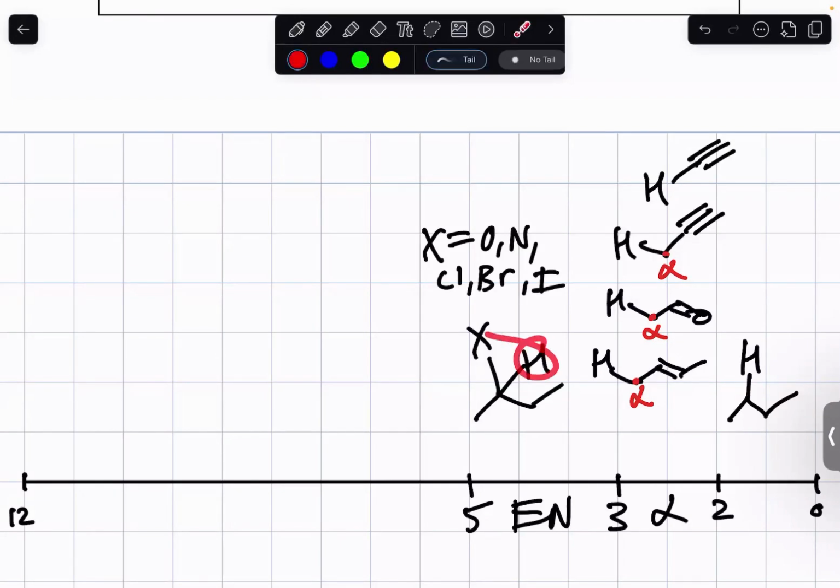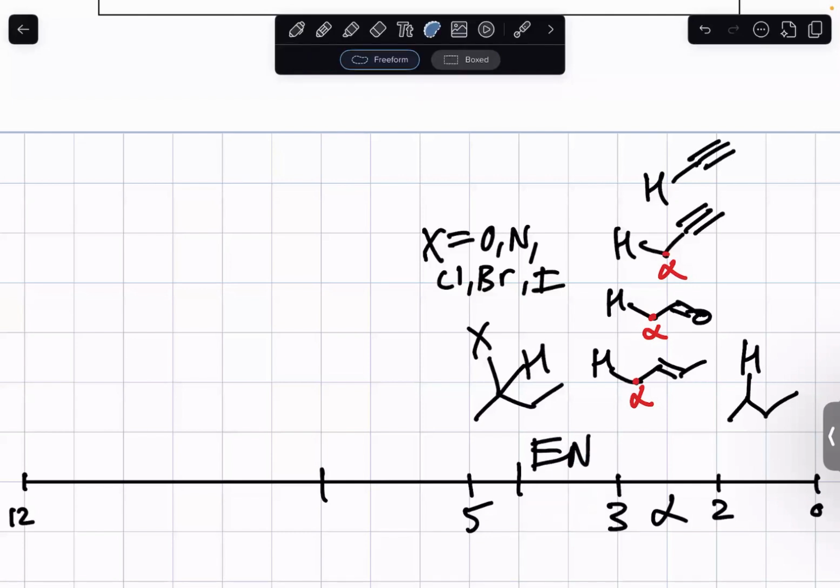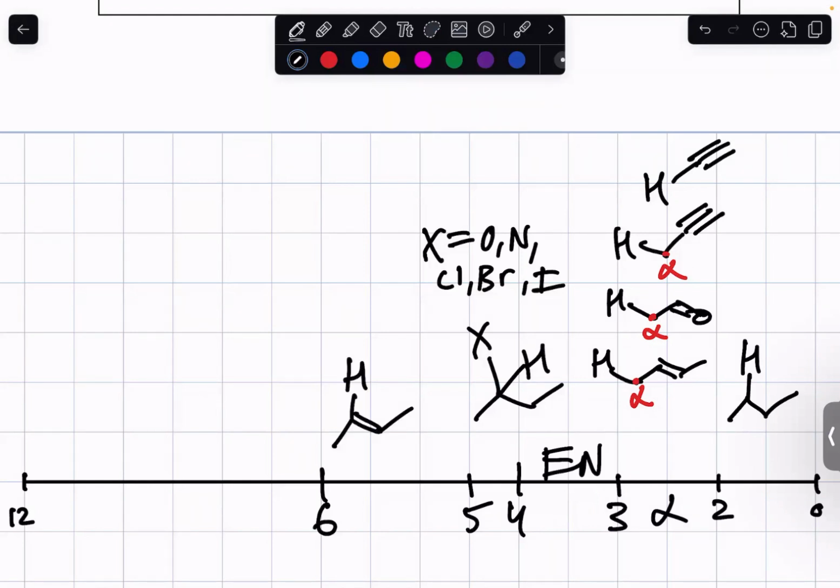When hydrogen is next to some electronegative atom, it's between 3 and 5, right? Now between 4 and 6, that's the alkene hydrogen. So the hydrogens directly on the alkene are going to be between 4 to 6.